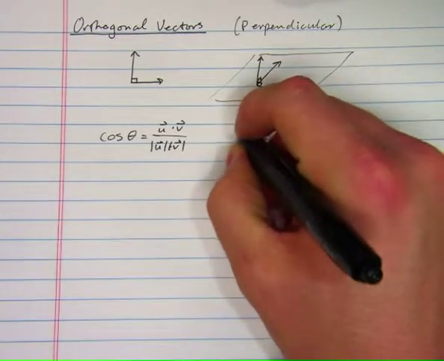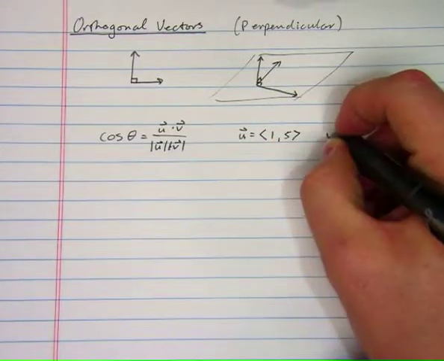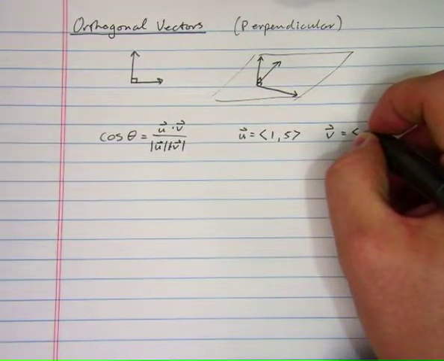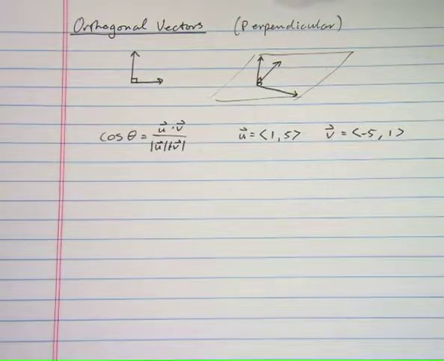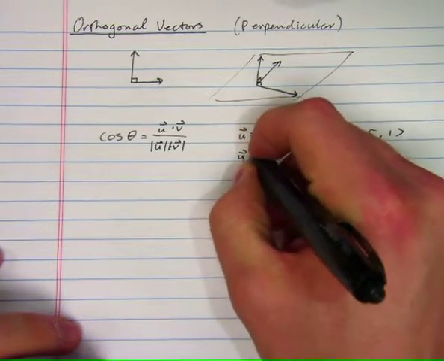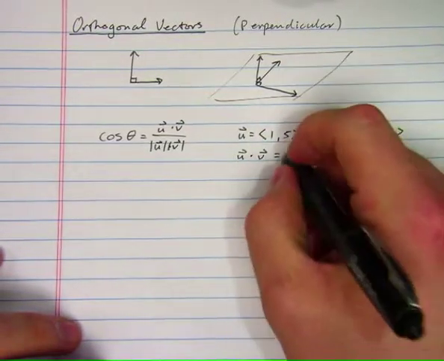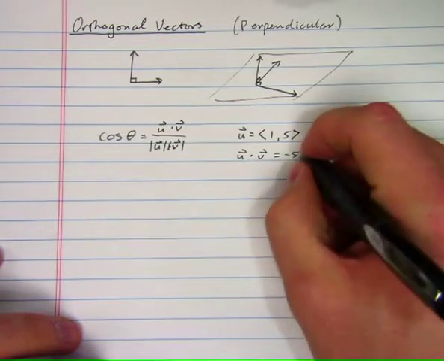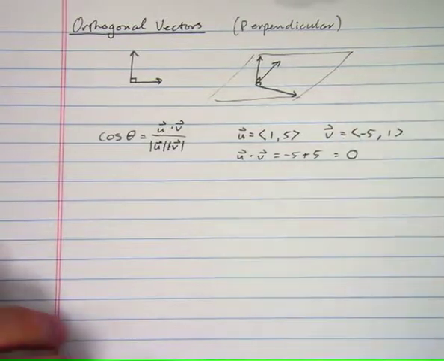I'm just going to say this one is 1, 5, and then v is -5, 1. So the first thing I've done before is I would dot product them. So 1 times -5 is -5, 5 times 1 is 5, and then I would add those numbers up and I would get a total here of 0.